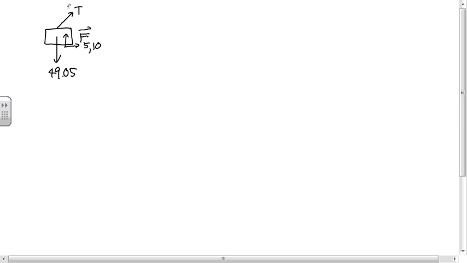Now instead of T, we know that this value is 19.62. This angle is 45 degrees, so it's counterclockwise 45 degrees from the positive x-axis to get to this vector. If you think about putting the tail of this vector at an origin of a coordinate system, this is 45 degrees.